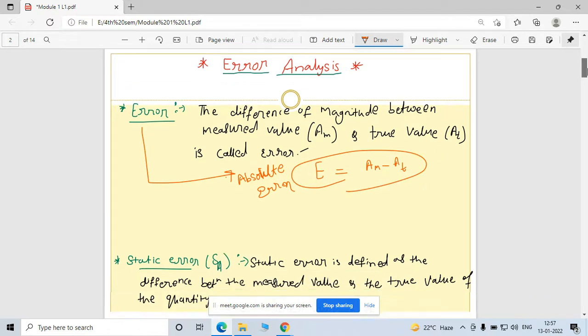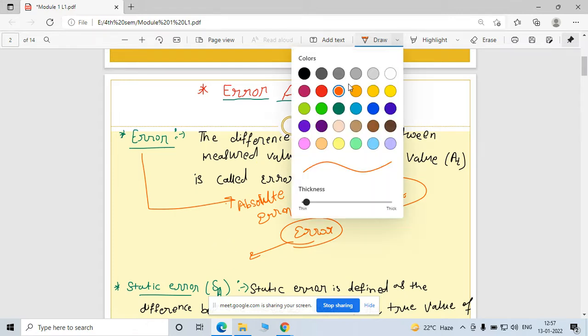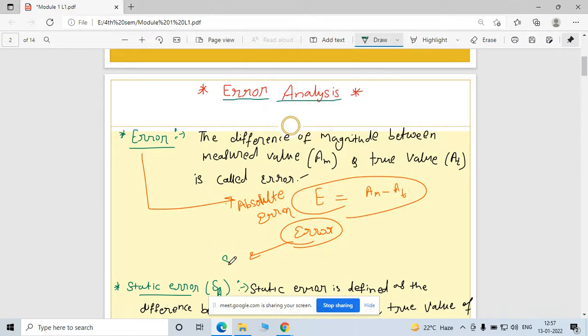Now the error is also classified into two types. One is static error and the other is dynamic error.